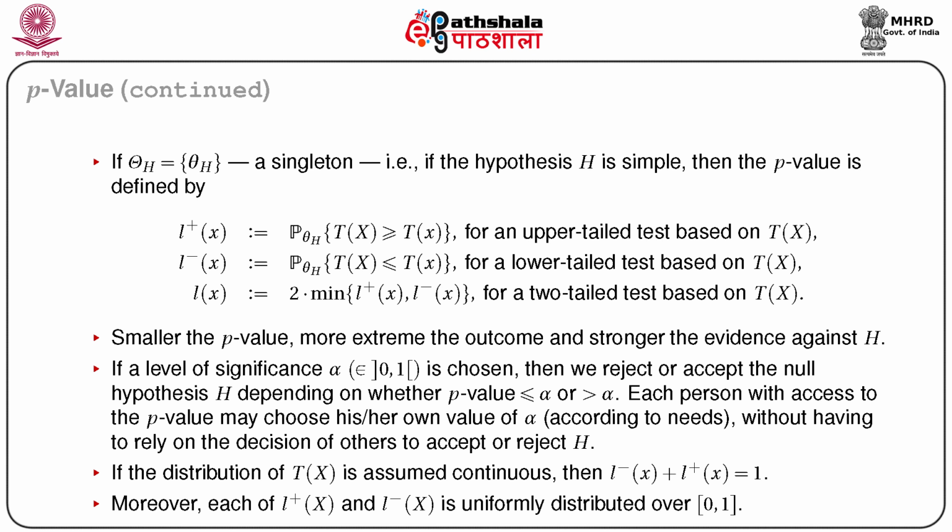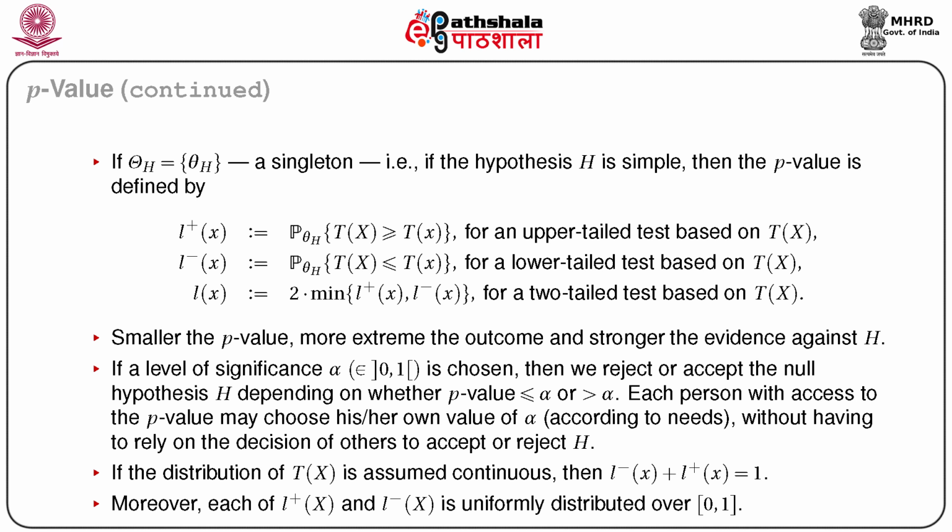If the test is a right-tailed test, then the p-value is defined by L plus x equals probability under theta, Tx greater than the observed value, plus half times probability under theta, Tx equals the observed value.